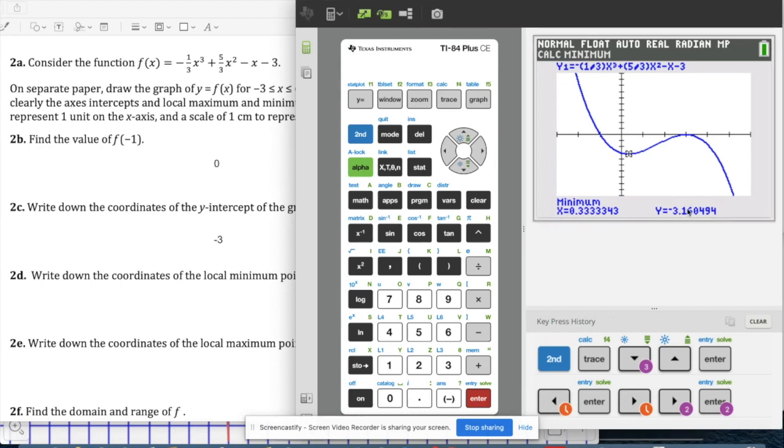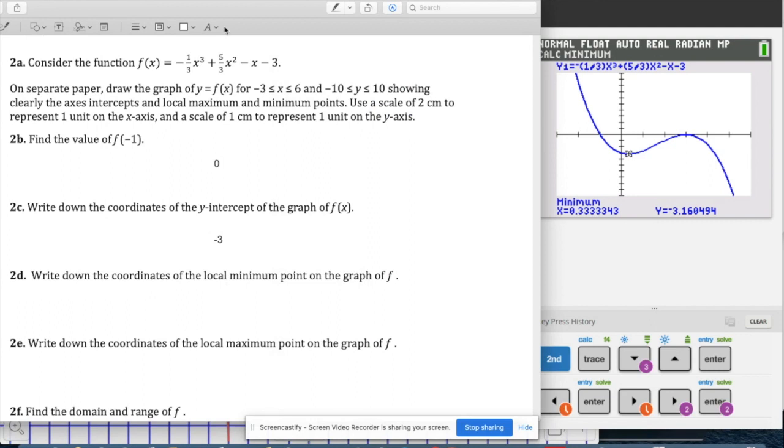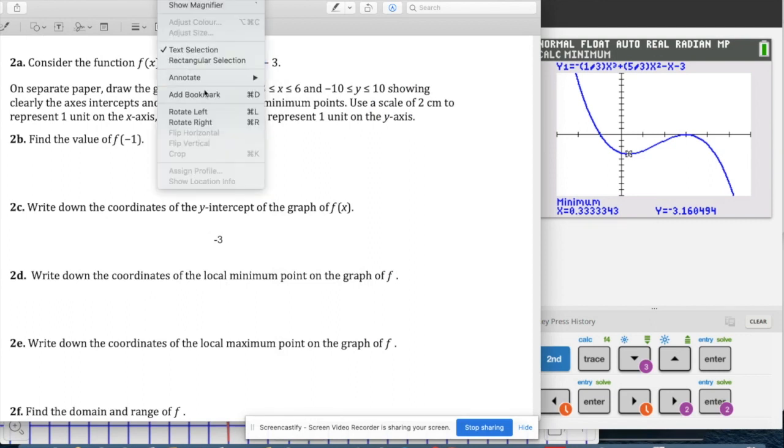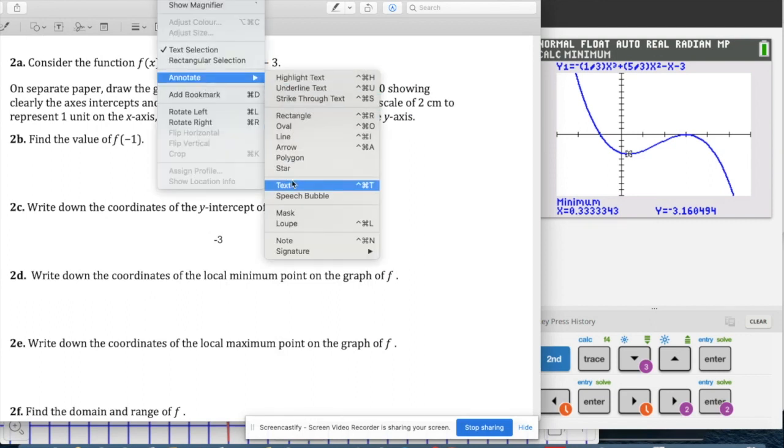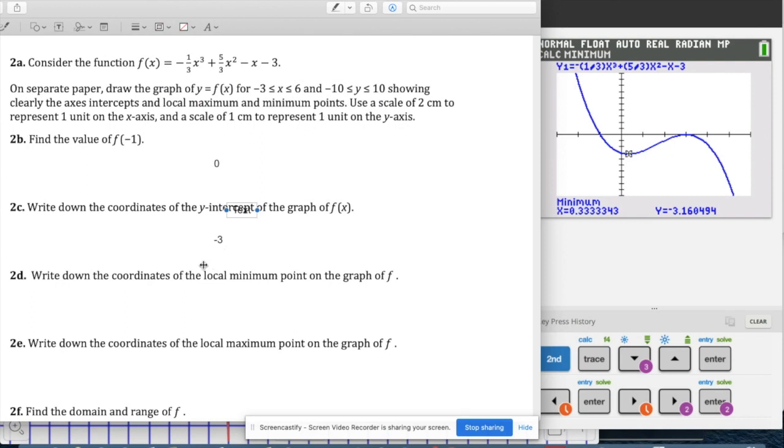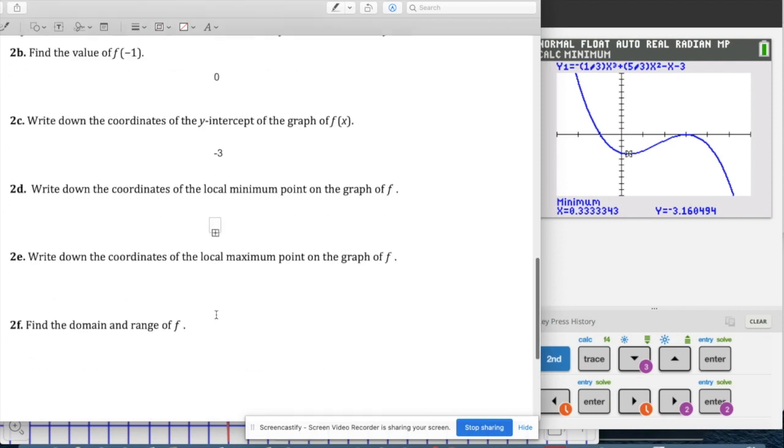And then with 3 significant figures, I have to put in -3.16. So again, I could give it the 3 significant figures.